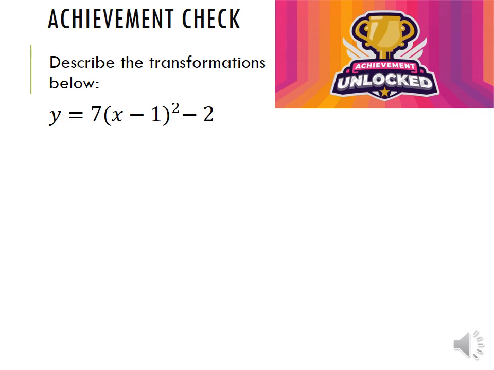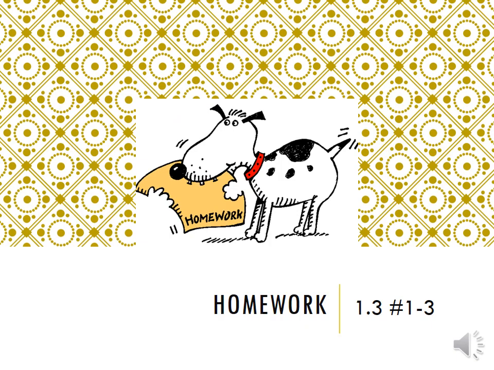So for this one, you want to describe the transformations, and you have something that has the A, H, and K all in it. And then you are to work on section 1.3, questions 1 to 3 out of your workbook.